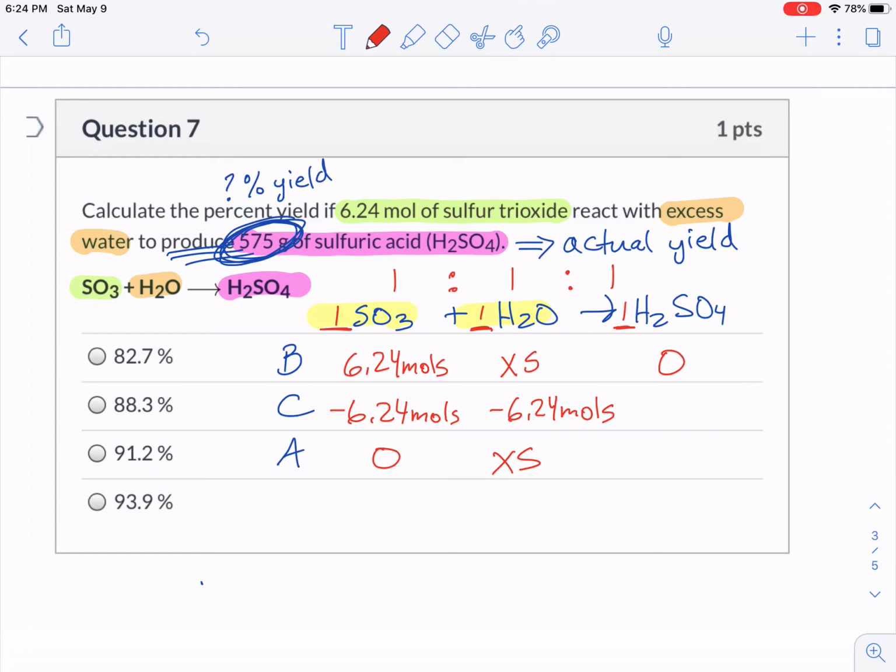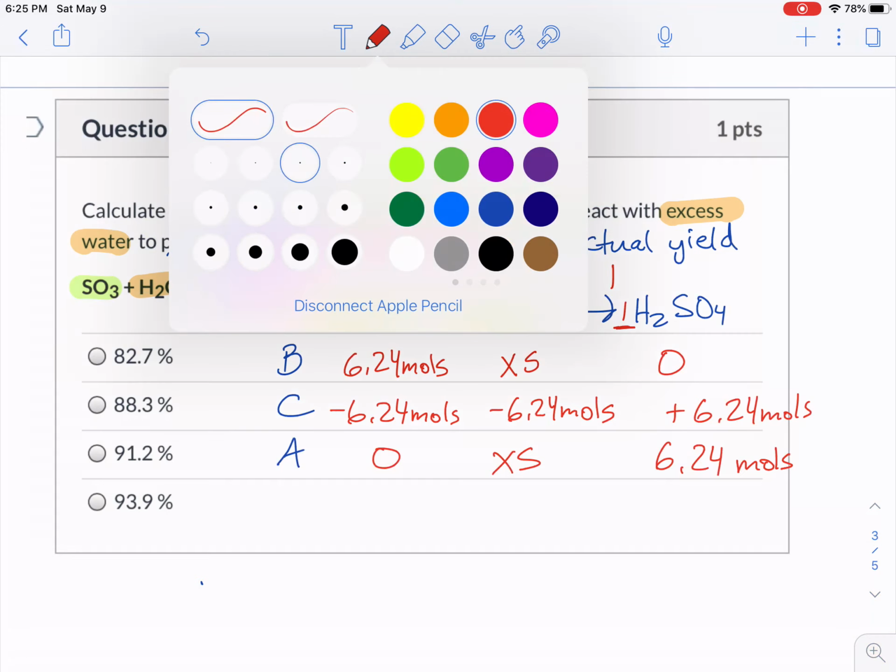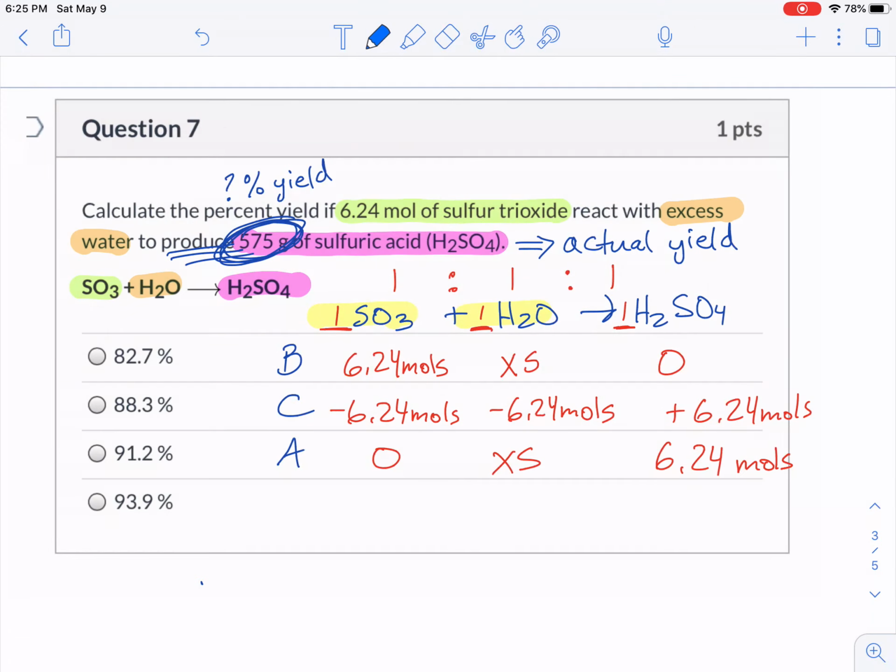I'm going to use up 6.24 moles, but I'll still have some left over. This 1-to-1-to-1 ratio tells me that I will be able to produce 6.24 moles of my sulfuric acid. So my end product is 6.24 moles of sulfuric acid. This is what? My theoretical yield.